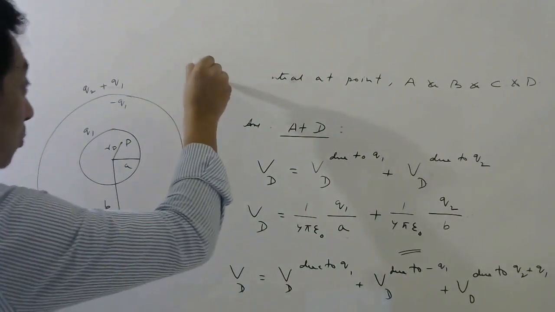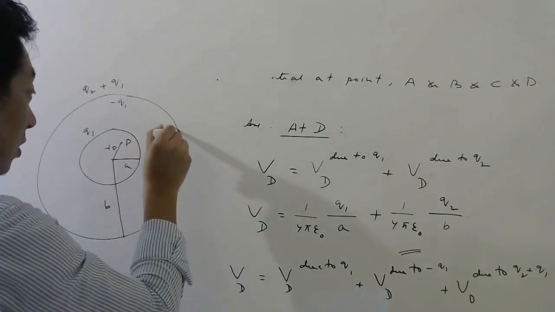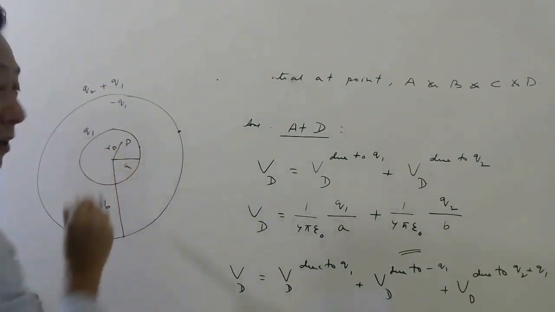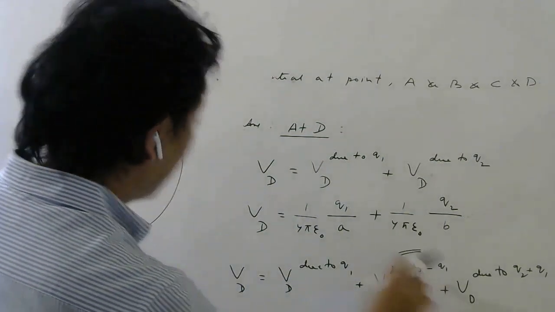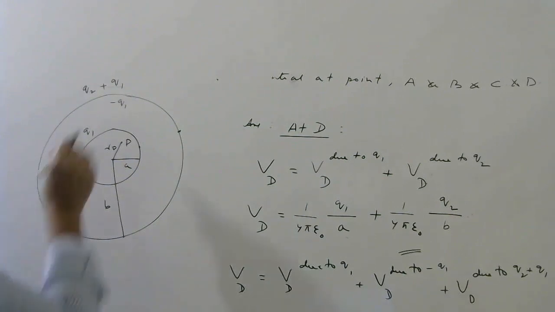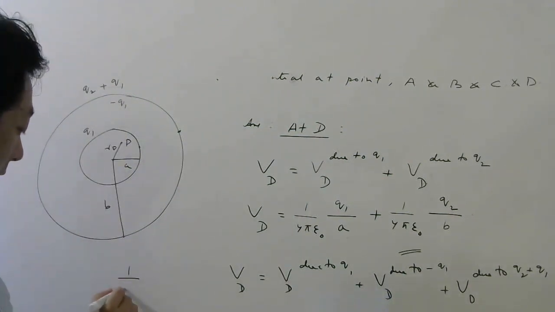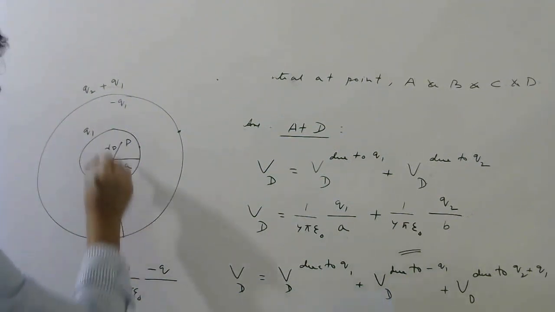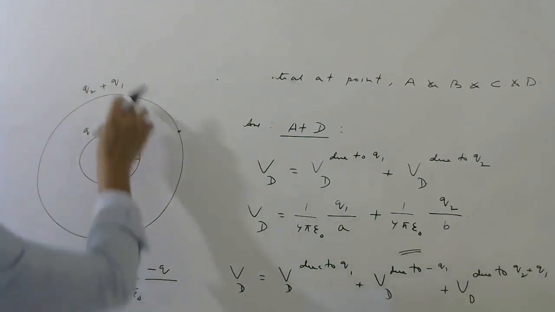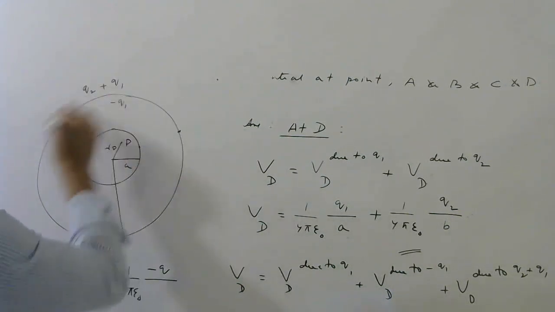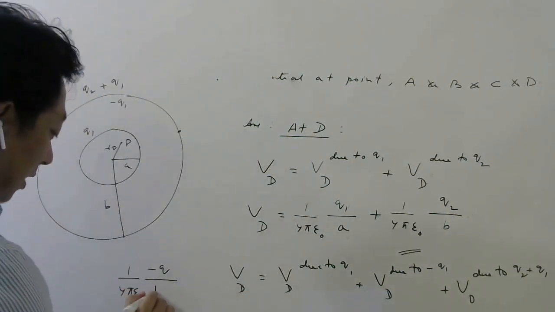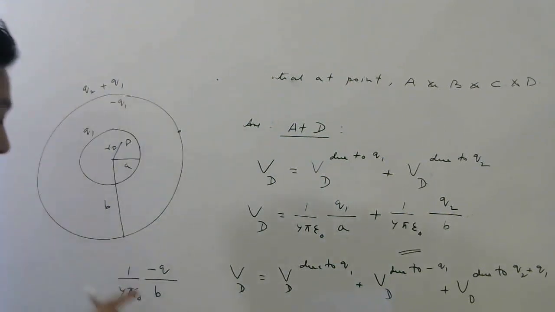But no matter which point you choose, either here or here or inside, when you write these formulas, the potential due to minus Q1 will be 1 by 4 pi epsilon naught times minus Q1 divided by the radius of this. Because for this minus Q1 also, where is this point? Inside. So it will be the same as on the surface, which means we have to write the radius of this surface.